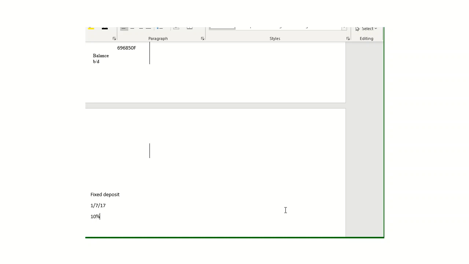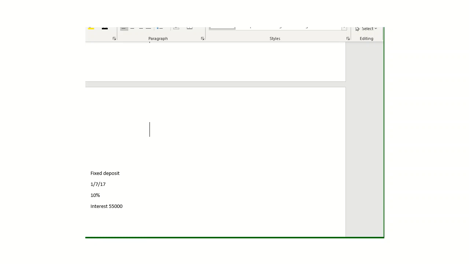So now I must try and use it. I want to work out what the actual fixed deposit is, but I don't know what it is. So I will call it X. X equals X times 10% times, but now I've got to work out the time because it wasn't for a whole year.